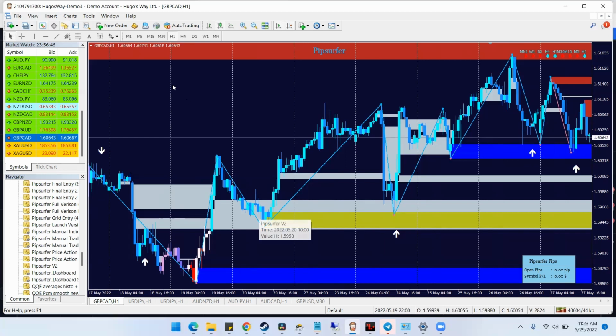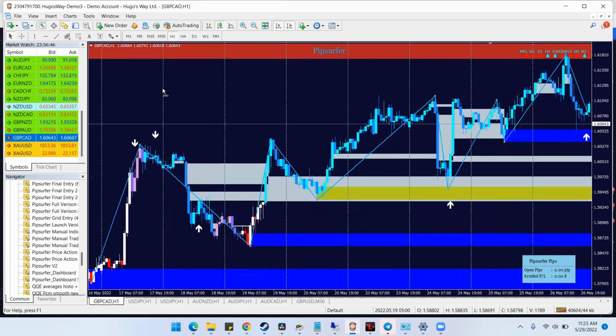So that's the rules. Within trend, on a buy, higher high in the uptrend, and then you get your arrow on that next low. That's where you want to take your entries from. It's very simple. Higher high, your next low, you get your arrow, you have a good move up. So that's the core strategy of Pipsurfer.